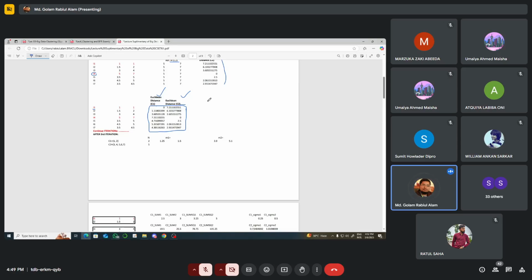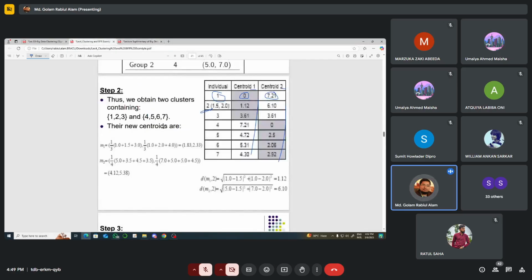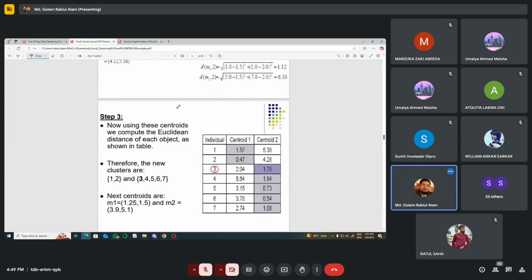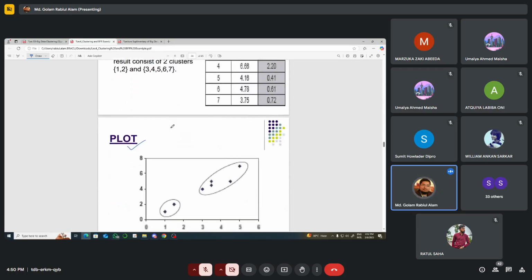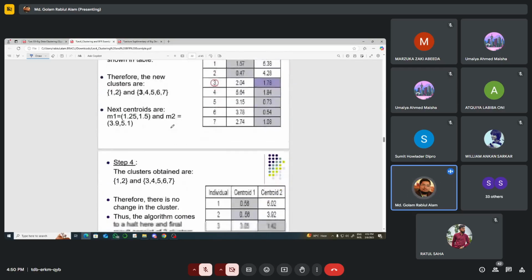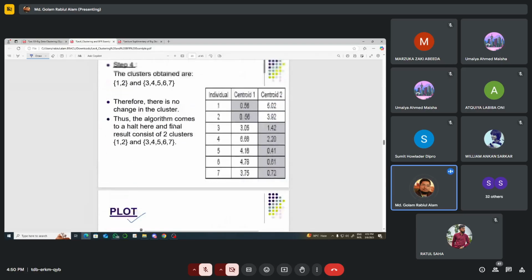I think there is no need to discuss in detail how k-means clustered those data points. I just want to take the output of our k-means clustering. We applied 3 iterations, as I already discussed in our last class, and after 3 iterations we got the clusters.